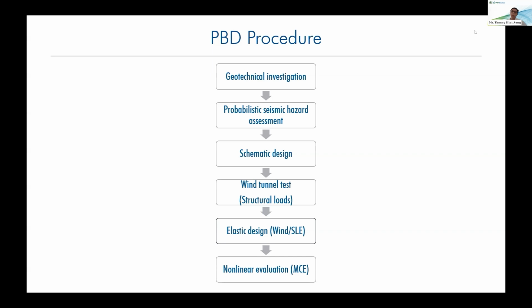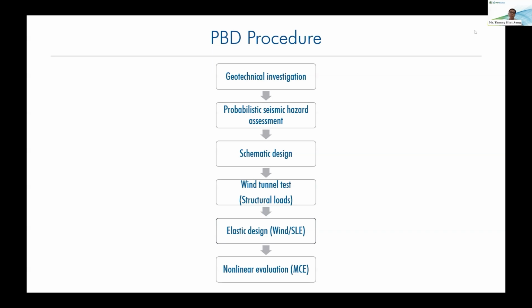After they define the preliminary member sizes and provide the model analysis results to wind tunnel consultants to carry out the structural load tests. After getting the wind results, structural engineer will carry out the wind and service level earthquake design, which is elastic design, because we want the building to remain elastic under those loading.